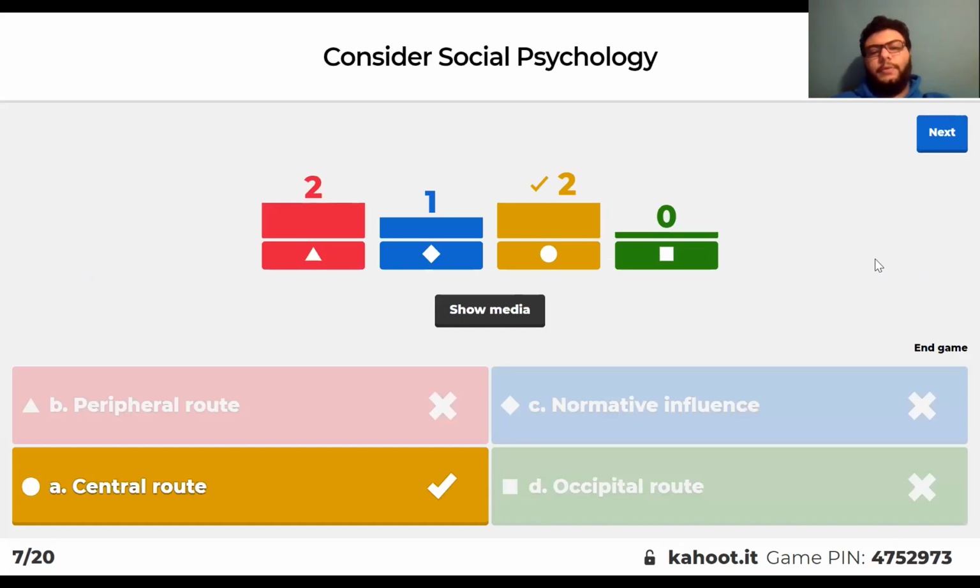Yeah, central route. Because it focused on the car's features as opposed to any other circumstances, he was influenced by the car. Occipital just means it has to do with vision. And normative would be going along just because everyone else has the car, something like that.